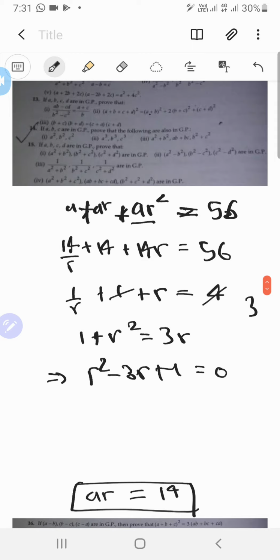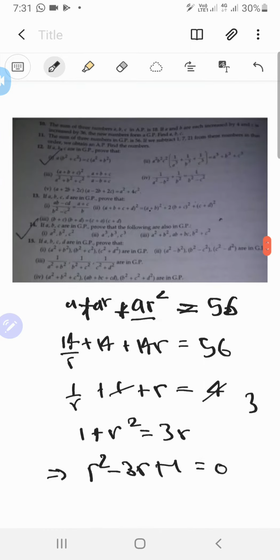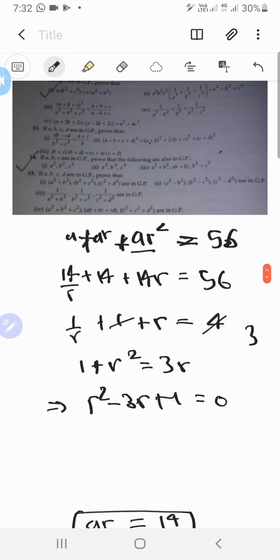If it was minus 2R, that could have been different, but this thing is, I think, not cool. AP, find these numbers. Well, this is not what I was expecting though.